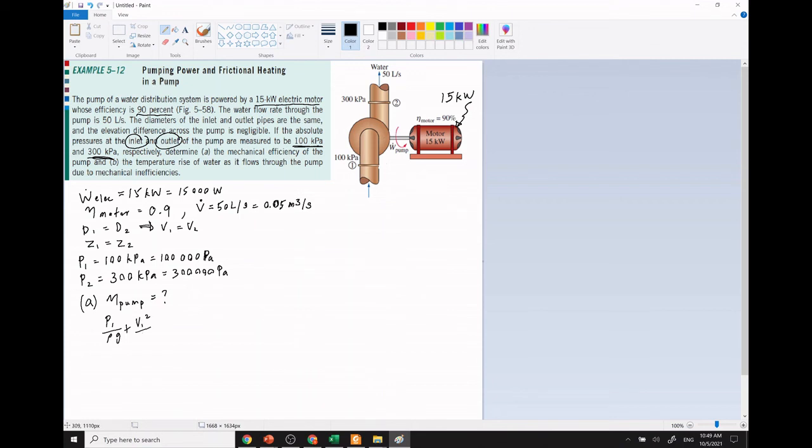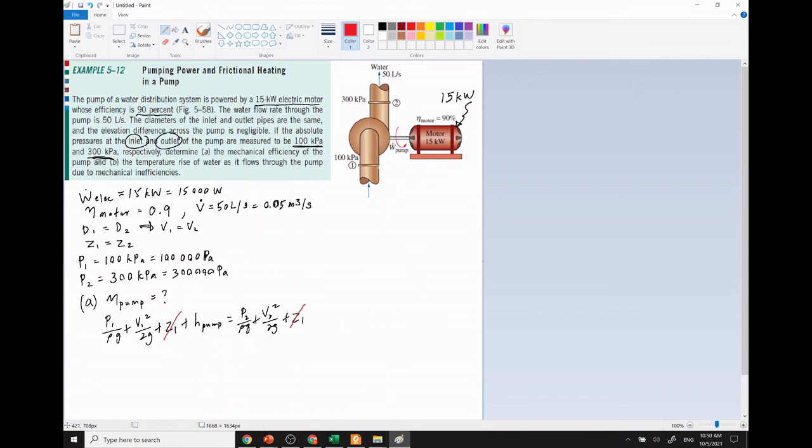Okay, so since there's a pump, we must have H pump. P2 over rho G, V2 squared over 2G, Z1. What we can see from here is that Z1 and Z2 cancel out.